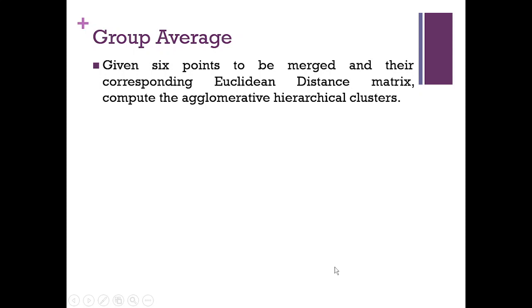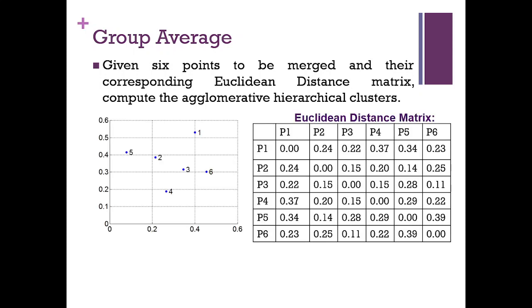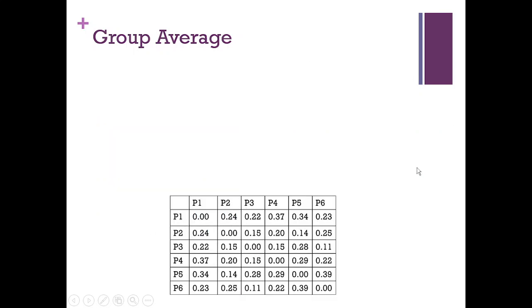Given 6 points to be merged and their corresponding Euclidean matrices, the same question. If we are to do it using group average, again we will first merge P6 and P3, then P2 and P5.